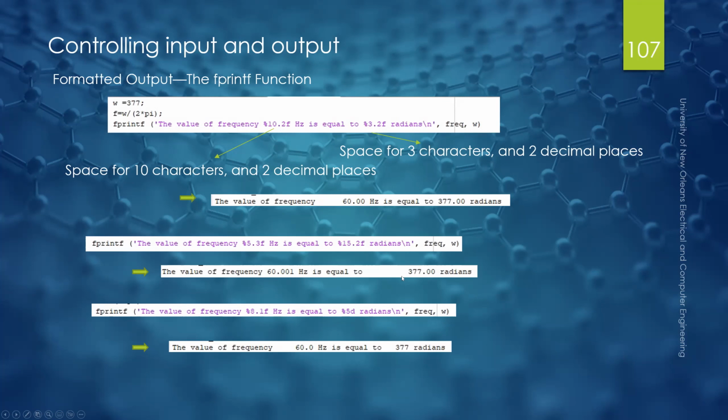You can see it's a lot more space, and I'm using 2 decimal places again. One last one here. I'm using 8 for the width, 1 for the decimal place. And in this one, I used the 5 for the width of the space that I want, but I defined the format as decimal, so that W is displayed as just a decimal number.